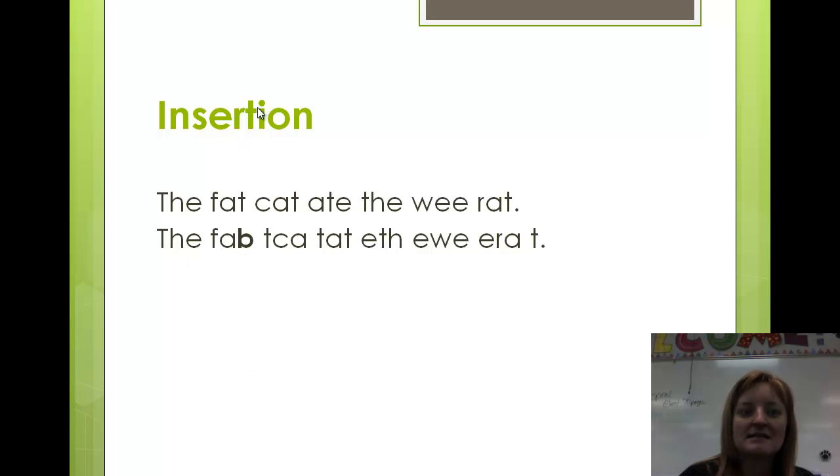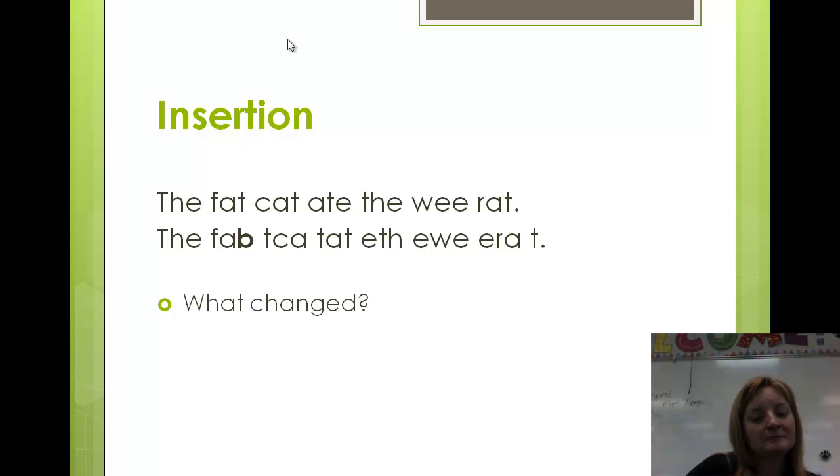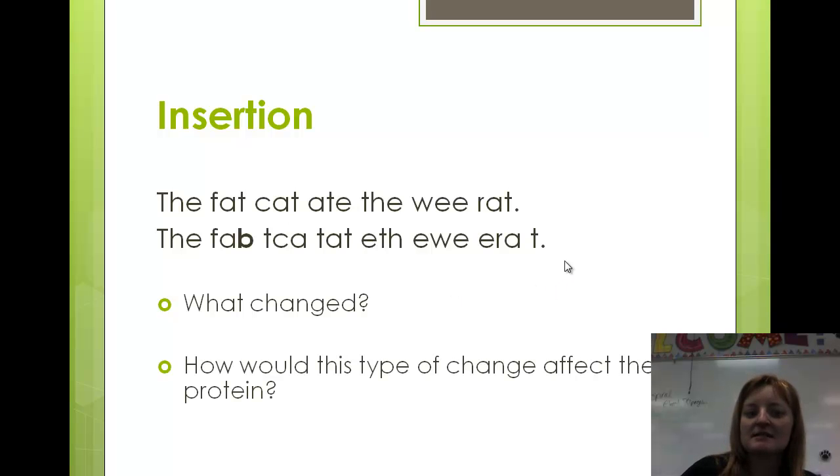So when we insert a base, like here, the T is now replaced with a B, and we push all the rest of the bases down, we've inserted this B. Well, fab makes sense, that's a word, but it changes all the rest of the codons so that they don't make sense. And that's going to change your protein, so it does the same thing. It'll either end the protein early, or it will not function in the way that it's supposed to.